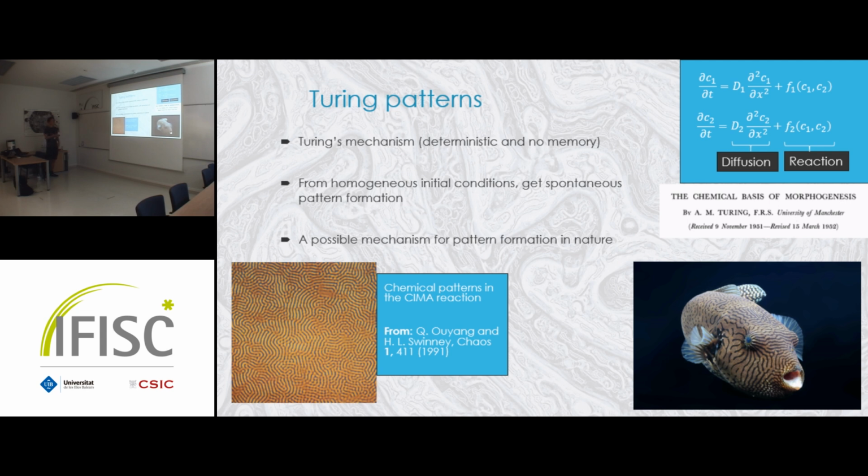If you have a stable fixed point without the presence of diffusion. And Turing suggested that this might be a possible mechanism for pattern formation in nature. As we've seen, it can't explain everything. The best model for some things, such as the somite segmentation process, would be something like a clock-wavefront model.